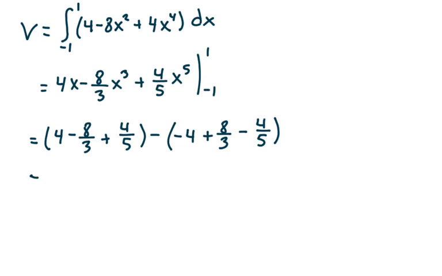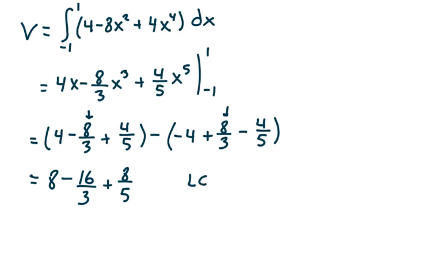Now, let's go forward. I'm going to take 4 minus a -4, and I'm going to get 8. I'm going to take -8 thirds right here, and subtract off 8 thirds to get minus 16 thirds. And then I'm going to take 4 fifths and subtract off -4 fifths to get 8 fifths.